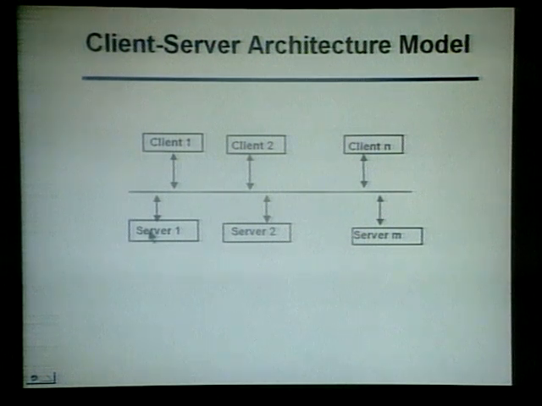Clients and servers interact with each other with the help of a communication medium. The model has a number of servers which offer services to other subsystems, a set of clients that call on the services offered by the servers, and a network that allows the clients to access these services.